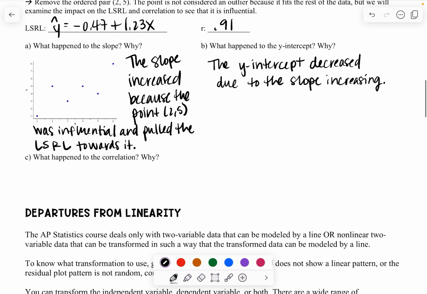And what happened to the correlation, and why did the correlation increase?